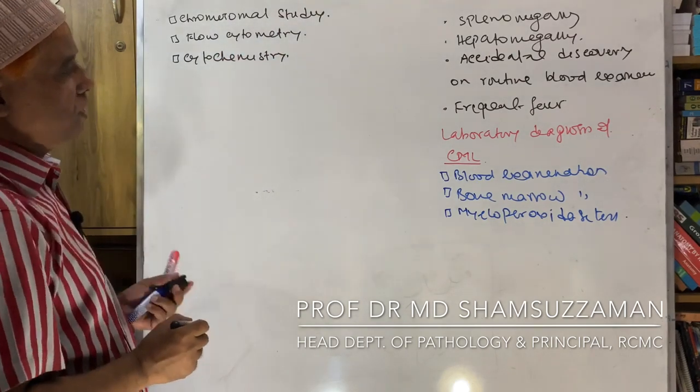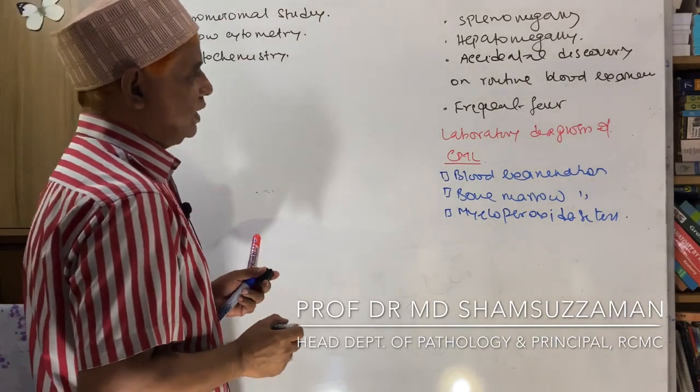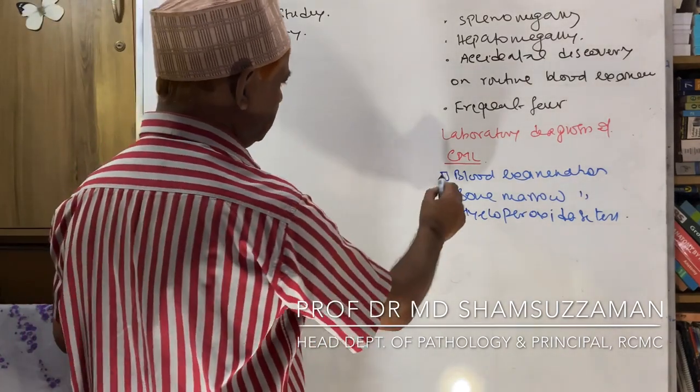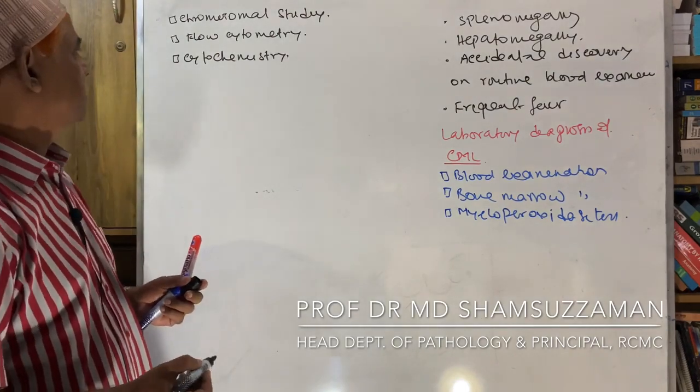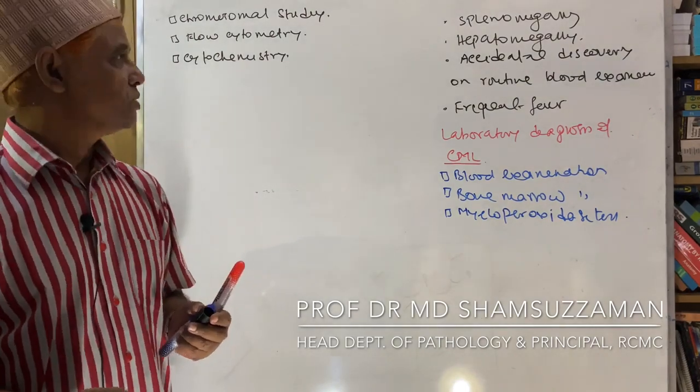So in the laboratory we can diagnose a case of CML by examining blood, bone marrow, myeloperoxidase test, chromosomal study or karyotyping, flow cytometry, cytochemistry.